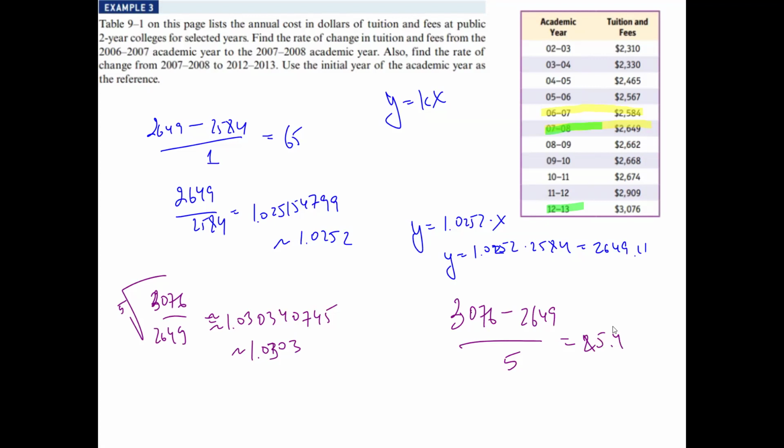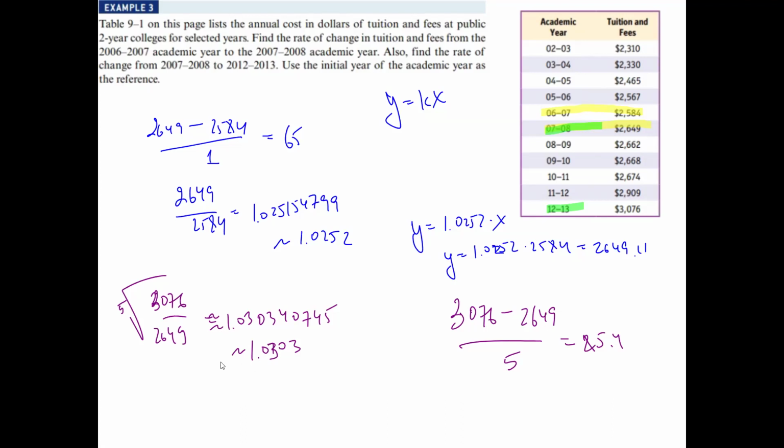On average, it increased $85.4 per year. That's right, yeah. If you take this times that, you will find the average increase. That's the average increase in percent, 3% a year.